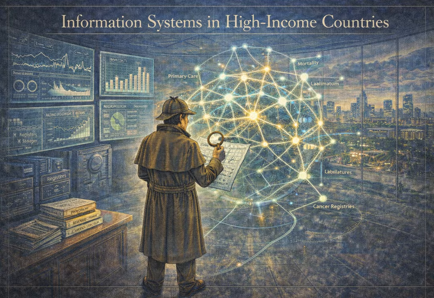And to anchor our entire discussion today, we should really start with a specific way of visualizing these systems. Think of modern public health in high-income countries as a giant, incredibly complex living organism. I love this metaphor. It works so well because for any complex organism to survive, adapt, and protect itself from external threats, it fundamentally needs two biological mechanisms. First, it needs a central nervous system. Which, in the context of public health, is the information systems, right?